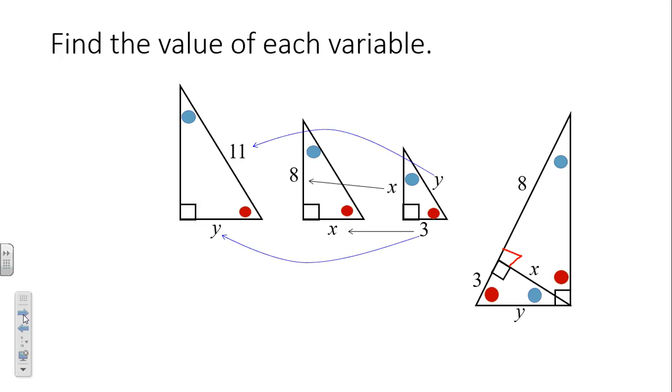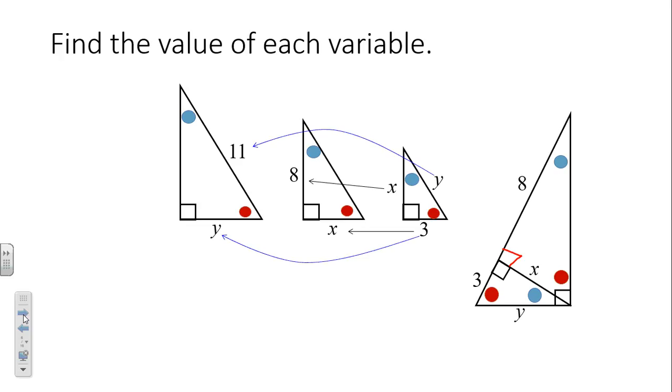Okay, it was the leg of our big giant triangle. And then finally we take that teeny tiny triangle and we rotate it. And so the 90-degree angle's down here. 3 was the smaller leg. X was the larger leg. And y was the hypotenuse. Everybody get them drawn on your paper? Okay.